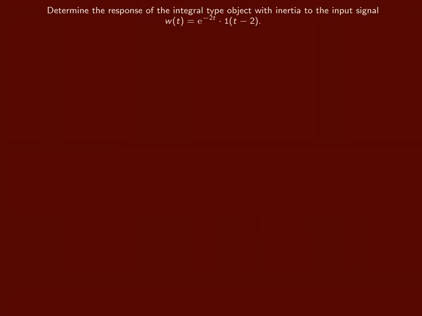The content of the last task is: determine the response of the integral type object with inertia to the input signal w(t). So we are dealing with a standard situation where we are interested in the output signal.